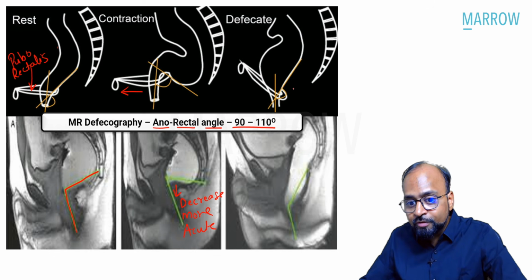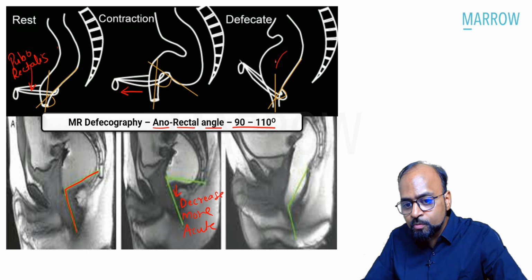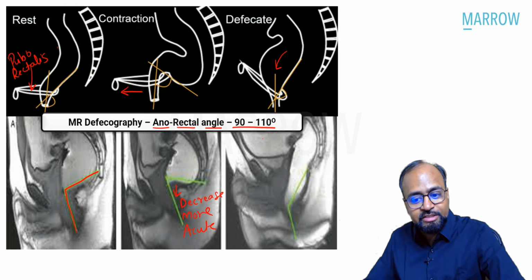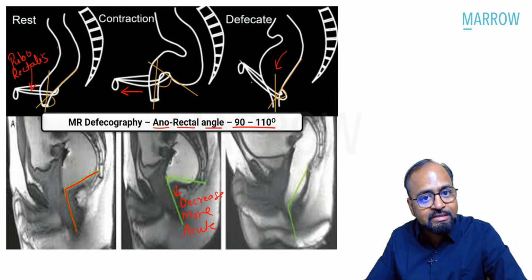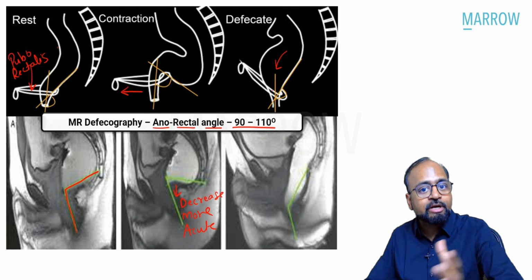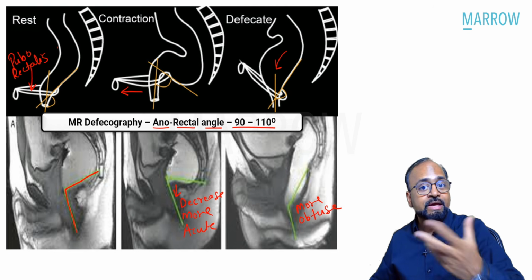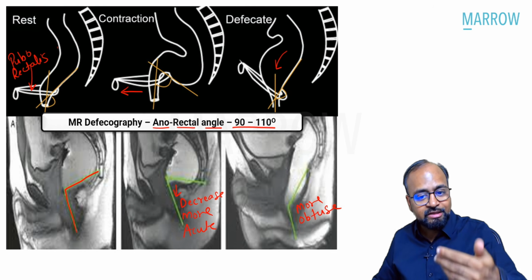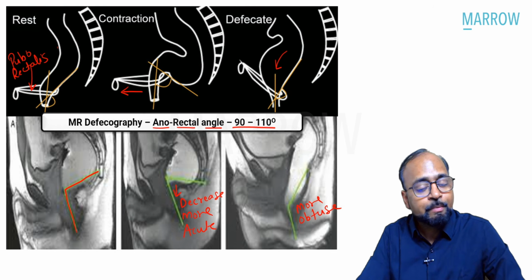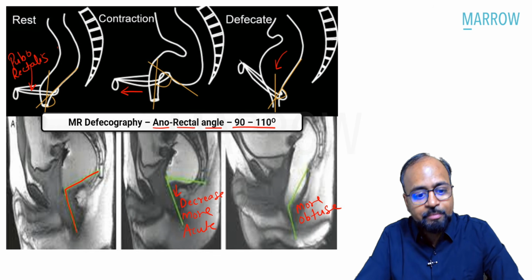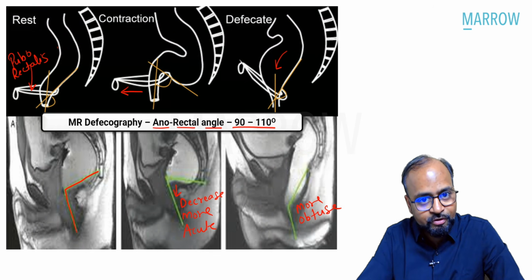Whereas at the time of defecation, because the fecal matter has to pass from the rectum into the anal canal and be expelled out, the puborectalis has to relax. And if the puborectalis relaxes, then the angle will become more obtuse. You're able to measure and see this angle very well at the time of doing this MR defecogram, and that is the greater utility of MR defecogram as compared to an X-ray based defecogram.